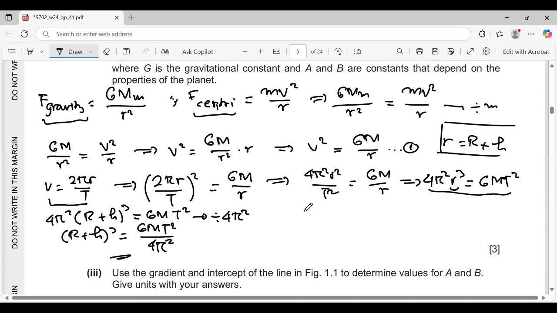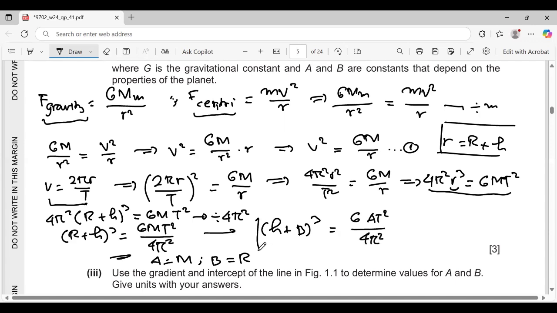One more thing: when a equal M, where M is the mass of the planet, and b equal R, the radius of the planet, we can write this equation as (h plus b) cubed equal G a T squared over 4 pi squared.